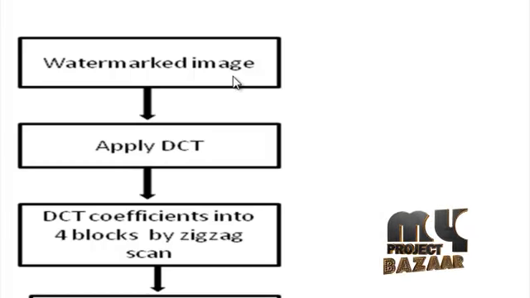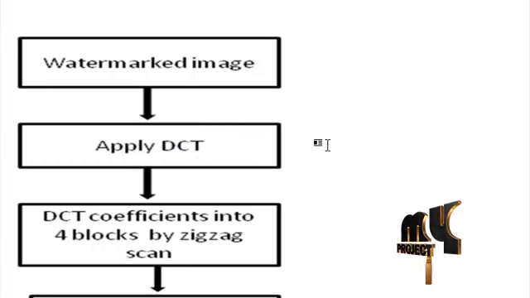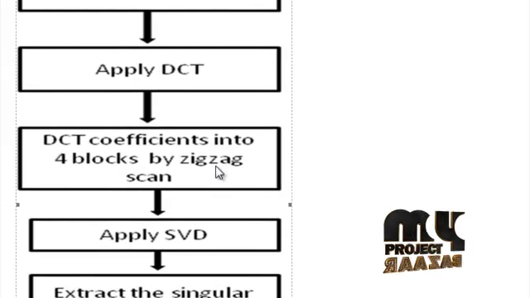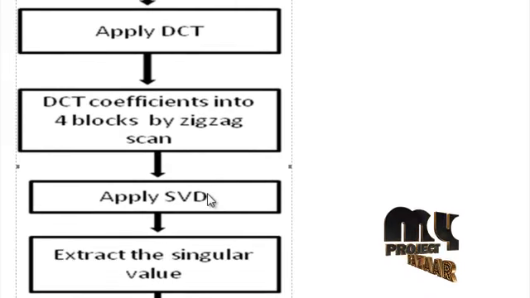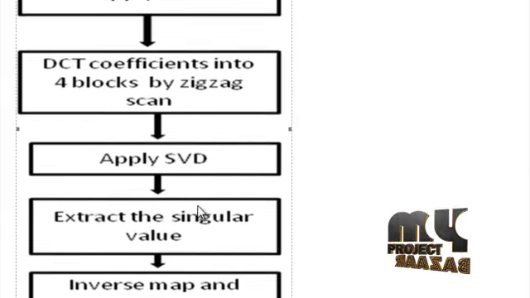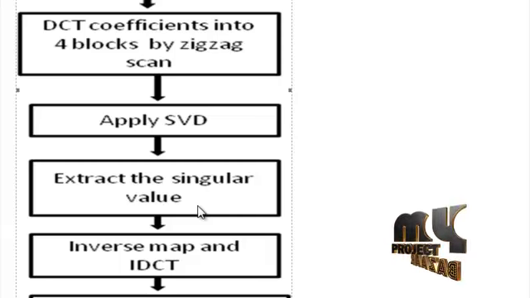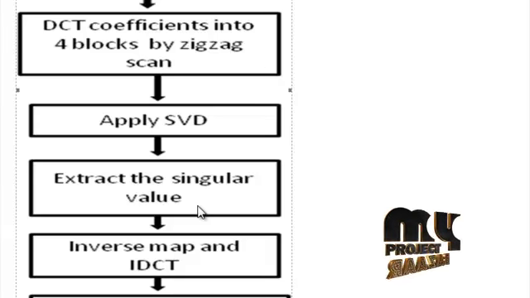In the first step of the extraction process, we apply DCT to the watermarked image. Second, we scan the DCT coefficient into 4 areas in a zigzag manner, and we perform the SVD operation for each area obtained from the zigzag manner. Then we subtract the possible distorted watermarked image in each area from the original transformed areas, and we obtain the distorted principal component for each area.